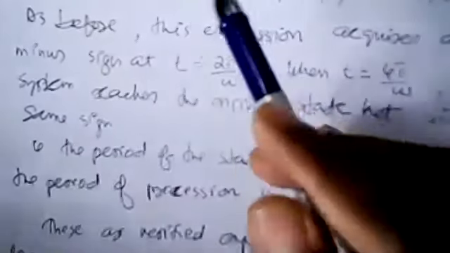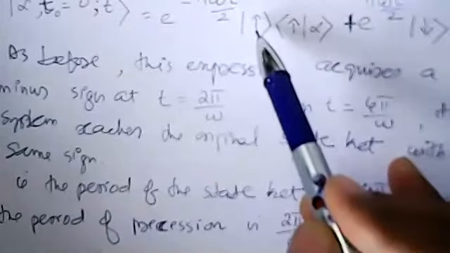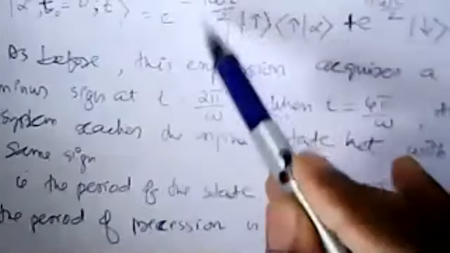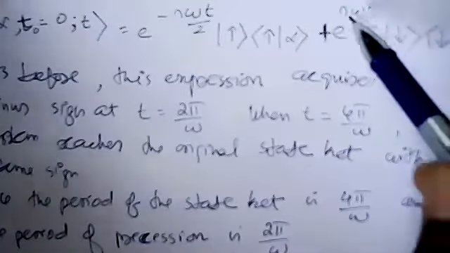Then if Szz is here, you get h cross by 2. So you get the same equation. Here the minus becomes plus, so it becomes plus i omega t by 2.